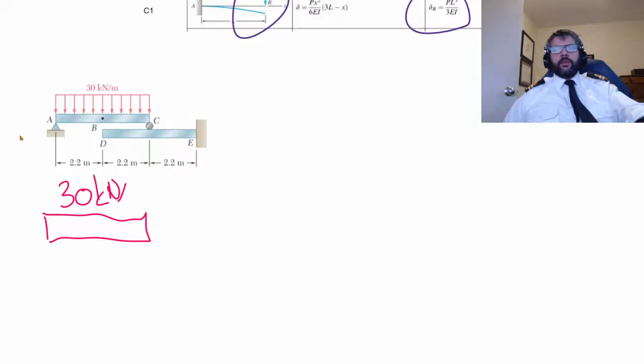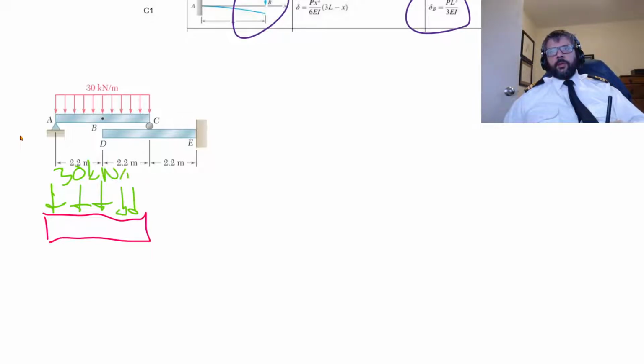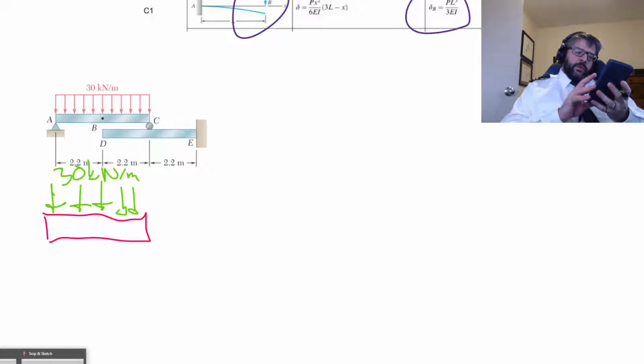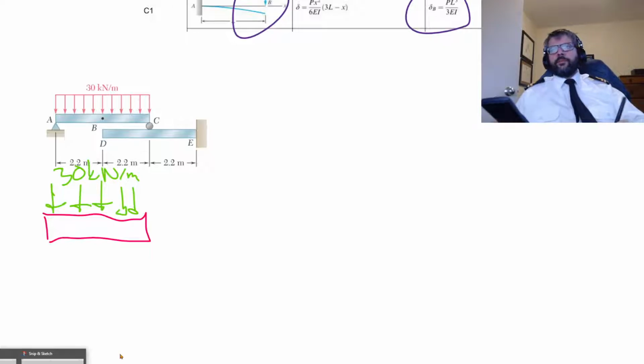I should have drawn that there. 30 kilonewtons per meter. So the resultant of that, 30 kilonewtons per meter times 4.4 meters, what is that? 132.